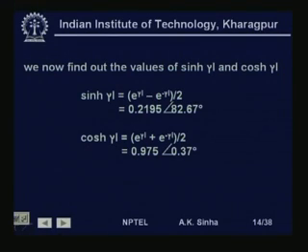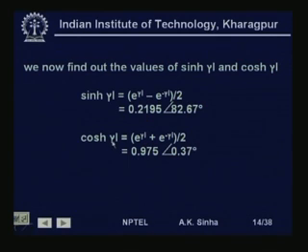So, now that we have calculated gamma L and ZC, we can also find the values of sinh gamma L and cosh gamma L. Sinh gamma L is equal to e to the power gamma L minus e to the power minus gamma L, divided by 2, which, after substituting the value of gamma L, comes out to be 0.2195 with an angle 82.67.